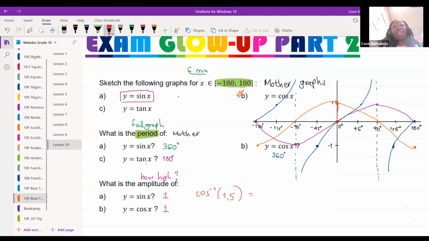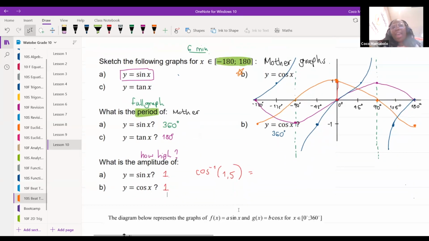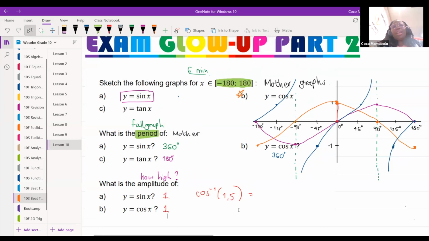Now, my next question is, does a tan graph have an amplitude? I'll give you guys a hint before you even answer the question. Does a tan graph have an amplitude? Yes or no? Ooh, absolutely not. No, it doesn't, because it keeps going.